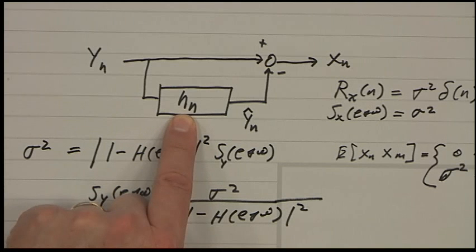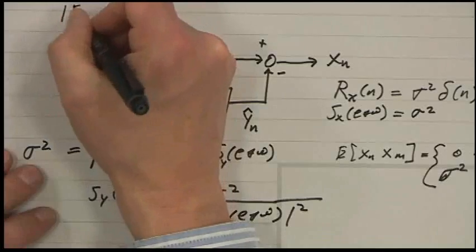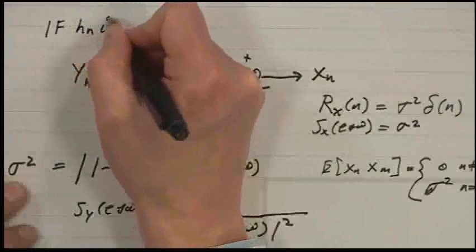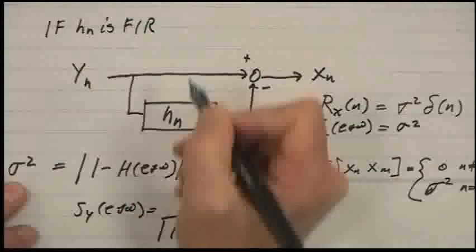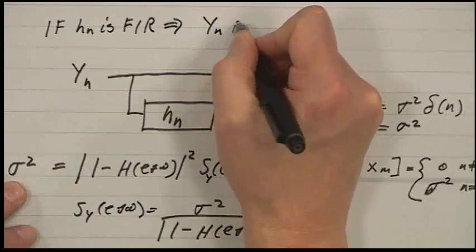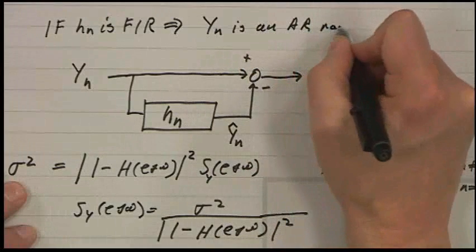But you can assume under some conditions, and it's often a very reasonable modeling assumption, that you only need a finite amount of past data. If h of n is FIR, then we say that y of n is an AR random process.